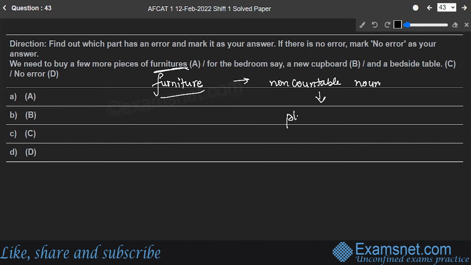That means no plural form of it exists. We commonly use a piece of furniture to refer to one item or to different kinds of furniture. So this is the incorrect one because furniture is a non-countable noun. You cannot use it in the plural form. The correct sentence is for you is surely to be.